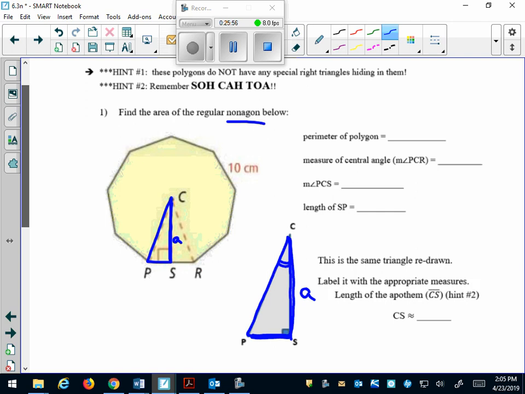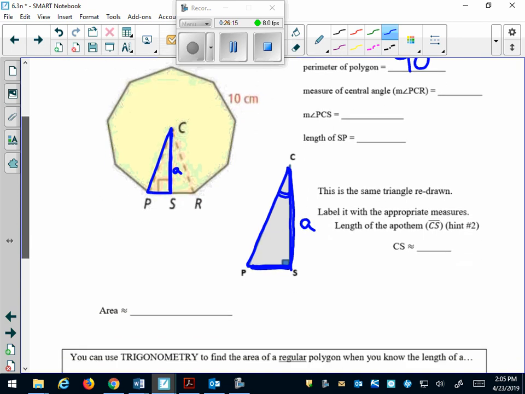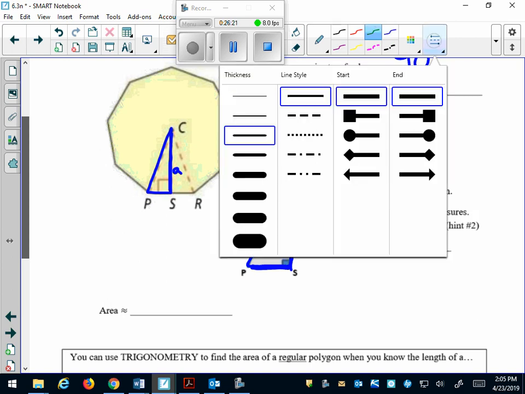If there are 9 sides and each side is 10, what's the perimeter going to be? 90. All right, well, we have 1/2 AP, and right now we've got the P. That's good. We just need the A. In order to get that A, we are going to have to use this triangle that we pulled out. Again, start by finding the central angle.